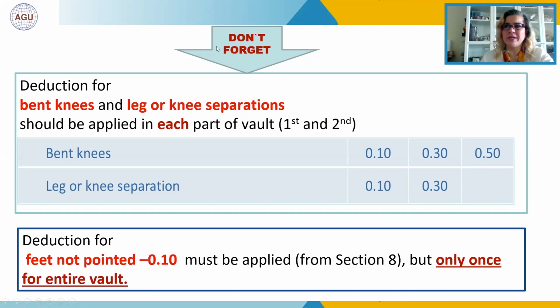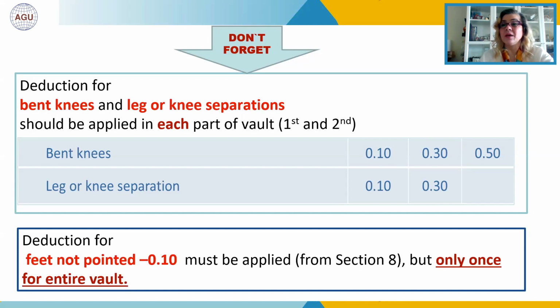Now, don't forget, please, deductions for the bent knees and or the leg or knee separation should be applied in each part of the vault, each phase. So for knees and leg separation, we have to deduct separately in the first flight phase and in the second flight phase.